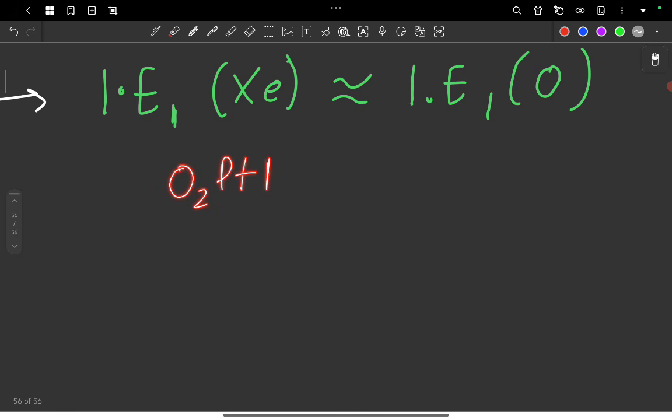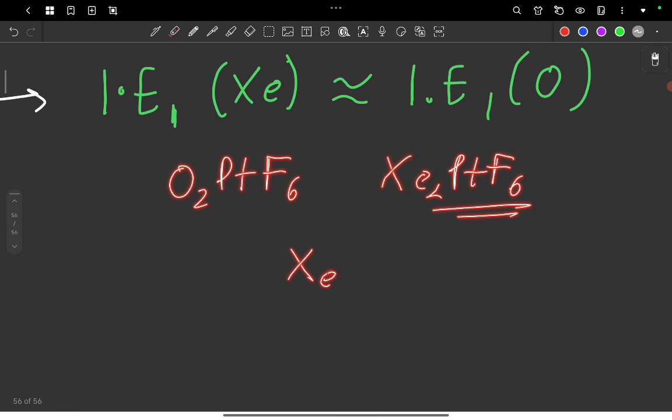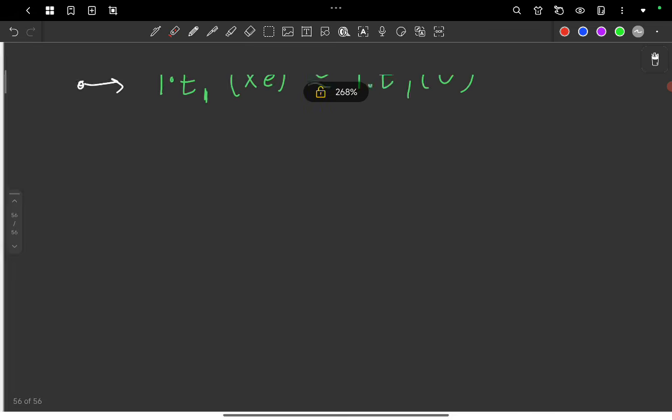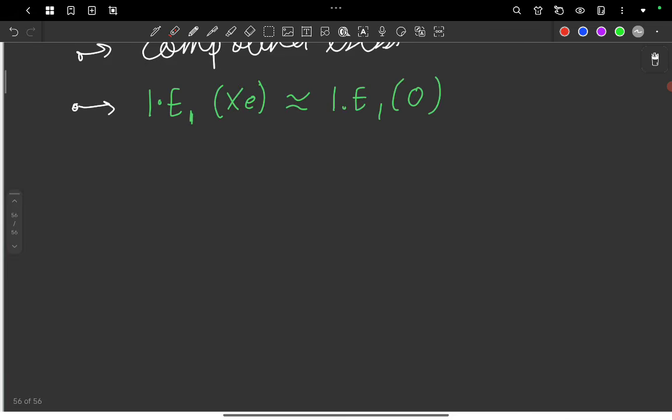So O2PtF6, so he wanted to make XePtF6, and he actually succeeded in making XePtF6. And after this discovery, he was able to make a number of xenon compounds.